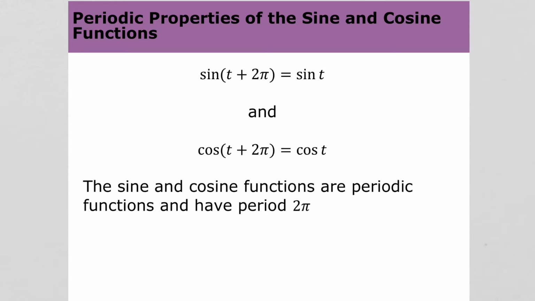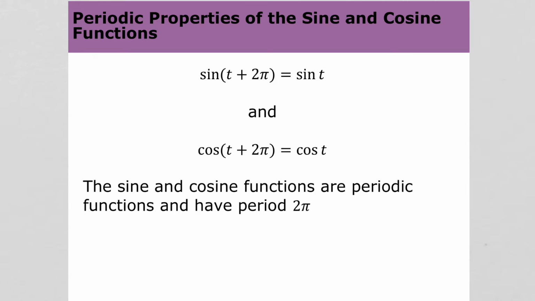And we'll talk about this more when we look at actual pictures of the graph. So, since the period of sine and cosine is 2 pi, every 2 pi we are repeating, and therefore we get the same thing.